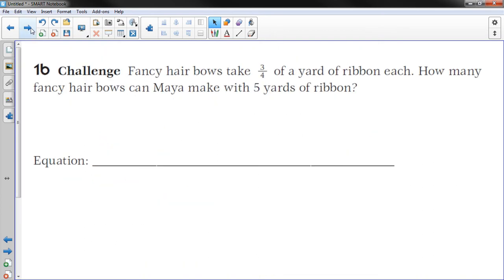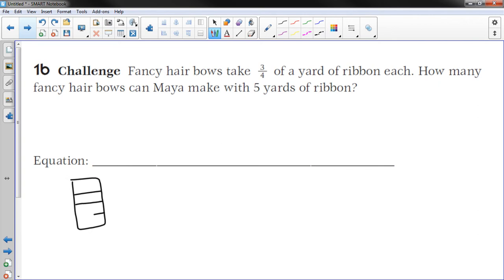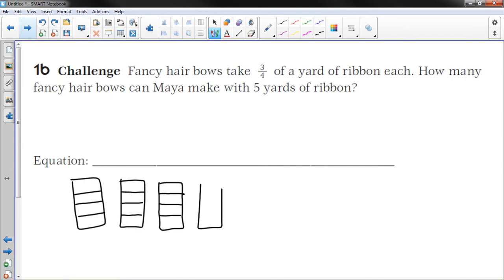1B, challenge. Fancy hair bows take 3/4 of a yard of ribbon each. How many fancy hair bows can Maya make with 5 yards of ribbon? So 5. So I'm going to do 5 of these again. And now I'm going to make them into fourths. If you watched the first video, you know why.